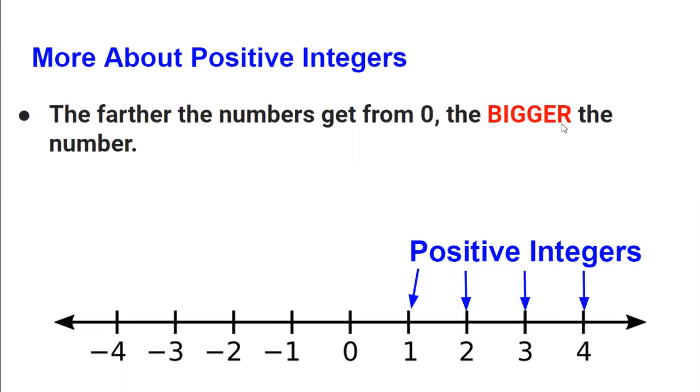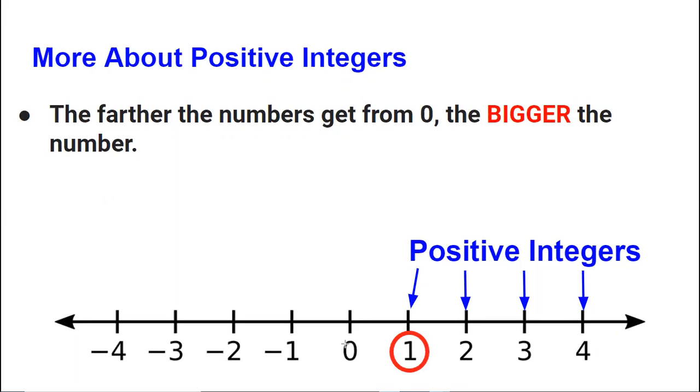The farther the numbers get from 0, the bigger the number. So for example, number 1 here is 1 unit from 0, but number 4 is 4 units from 0. 1, 2, 3, 4 units. So 4 is the bigger number, farther from 0.